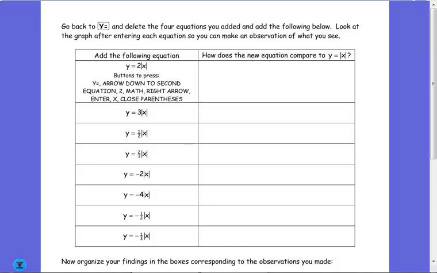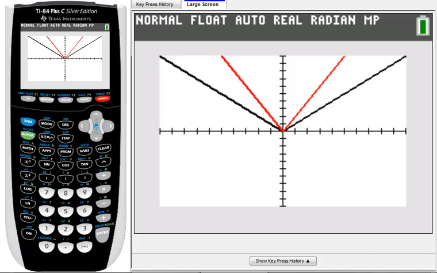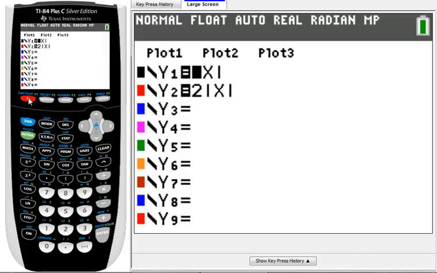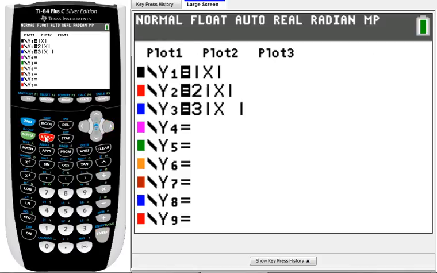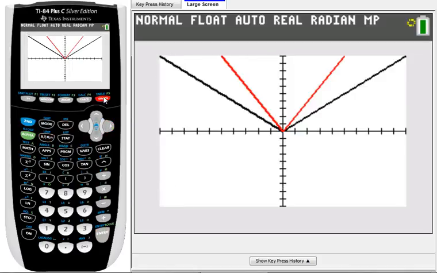So our next equation was y equals 3 in front of the absolute value of x. Let's go to y equals, go down to this one, 3, math, go over to absolute value, and there's my x. Press graph. And if you notice, that blue one's even a little more different.